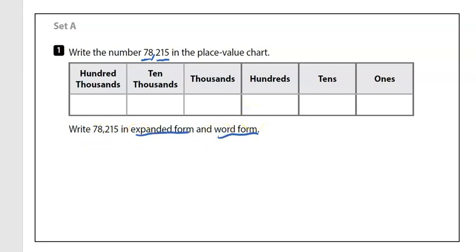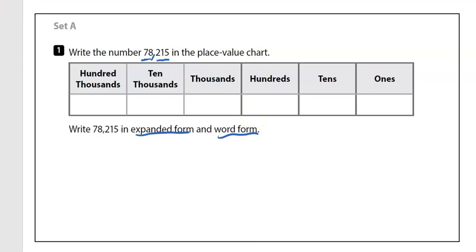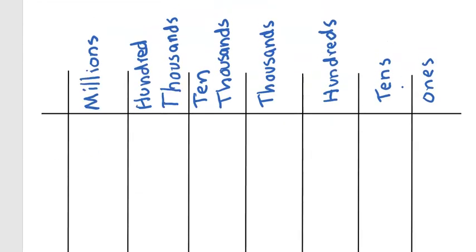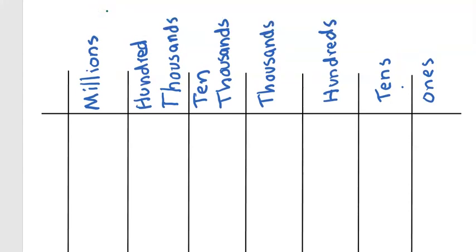So we're going to go down to that place value chart and put 78,215. I'm just going to spin down to mine, hopefully not make you seasick. There we go. So on your place value chart, let's put in 78,215. Okay, so I'm going to start here.